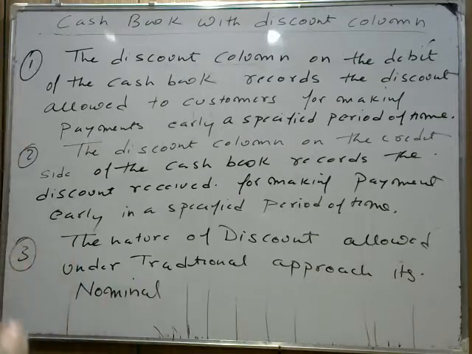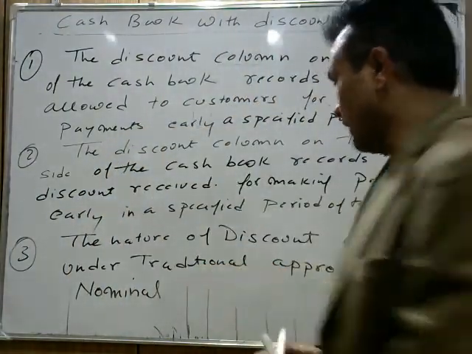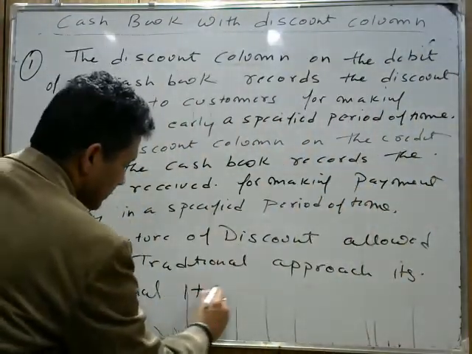All expenses are debited, all incomes are credited. So I hope with the help of this you can understand it. Okay? I hope it's clear. It's nominal when we talk about the discount allowed. Under the traditional approach it's nominal, so it will be debited.